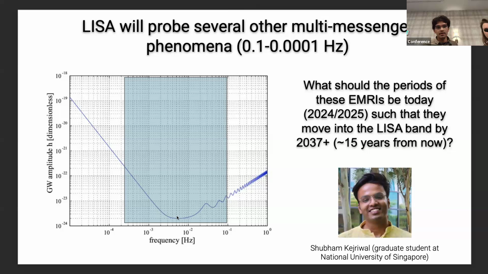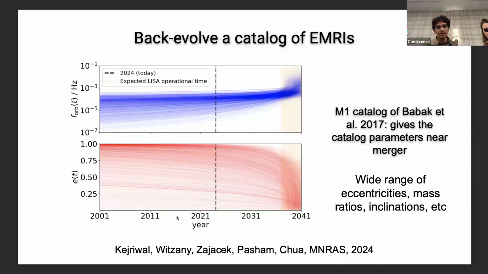What he essentially did is he took catalogs of existing EMRIs, and then he back-evolved them. This shows what he did. On the top panel, you see the back evolution of EMRIs going back to 2001, and the bottom panel is the eccentricity of these EMRIs going back to 2001.